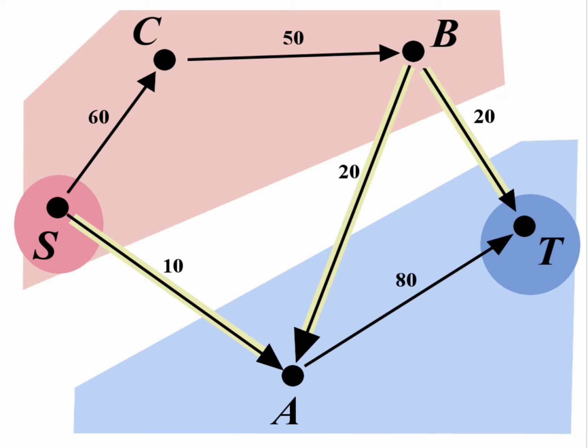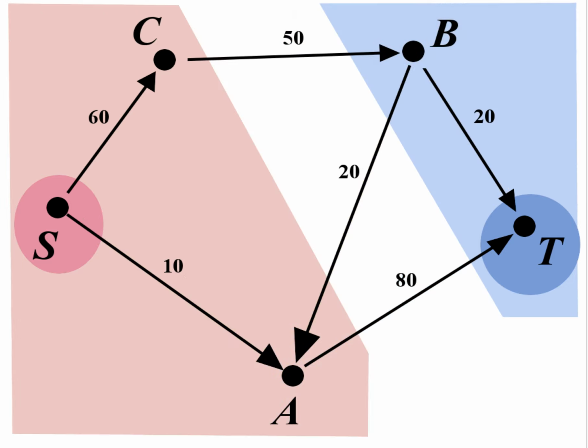So let us look at another cut. So this cut has 2 edges going from red to blue. We have to count only those going from red to blue. These are the 2 edges. And the capacity of this cut is 130.